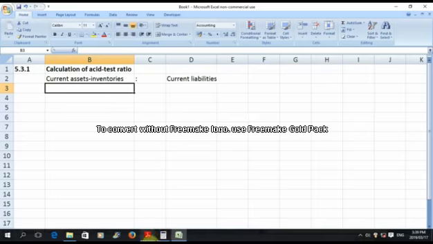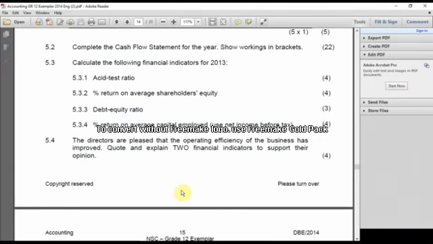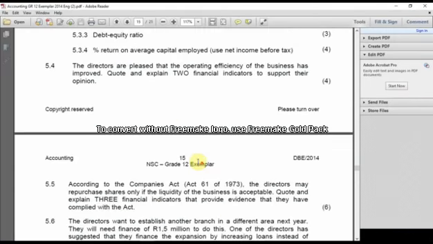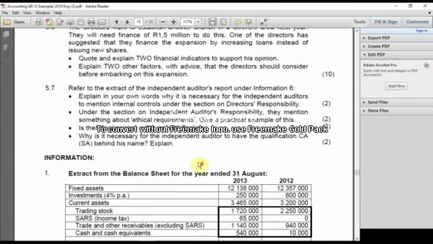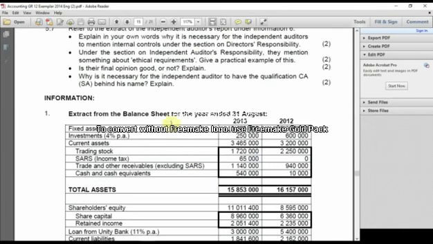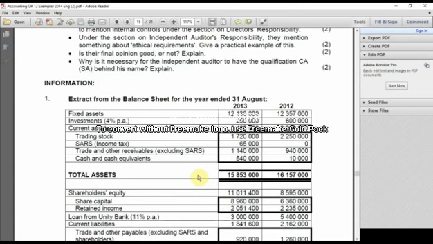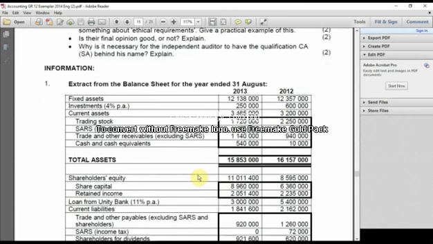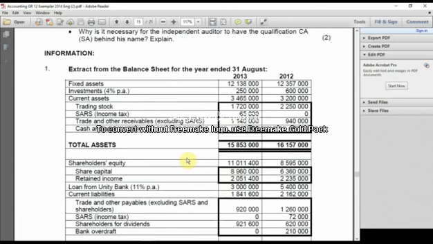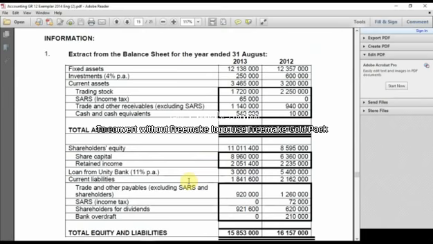So if we go to the information provided in this question, a bit further below, we have to extract from the balance sheet for the year ended 31 August, as we are dealing with assets and liabilities. That's precisely the place where we will find the information.